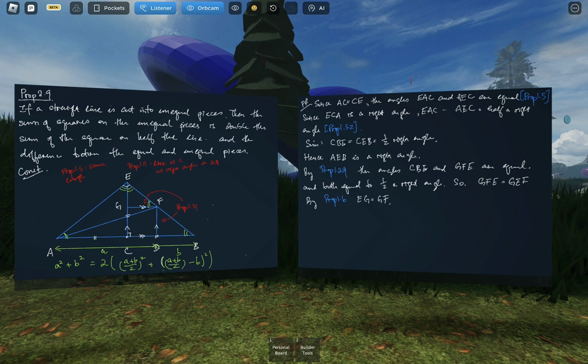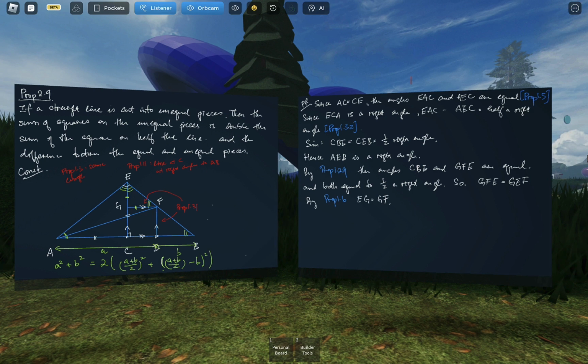Okay, so going back to the diagram, EG is this line. GF is this line. We've shown that two of the angles in this triangle are equal, so it must be an isosceles triangle, and that's 1.6.